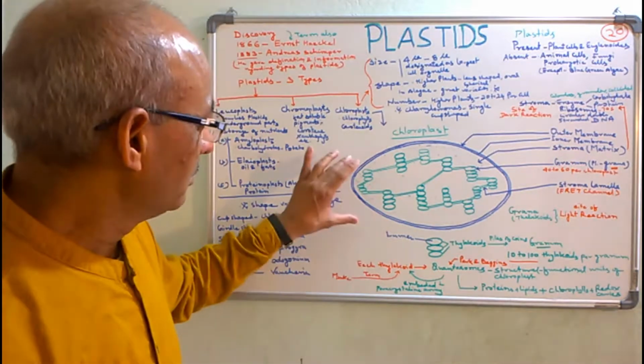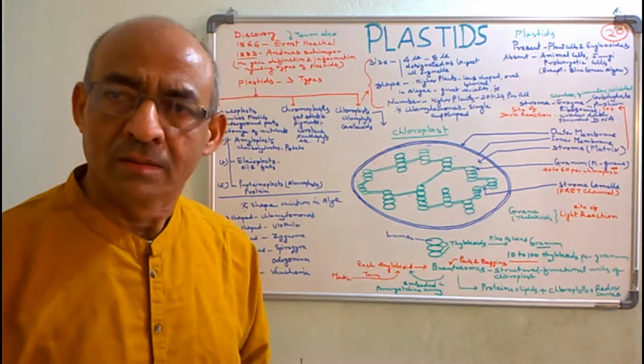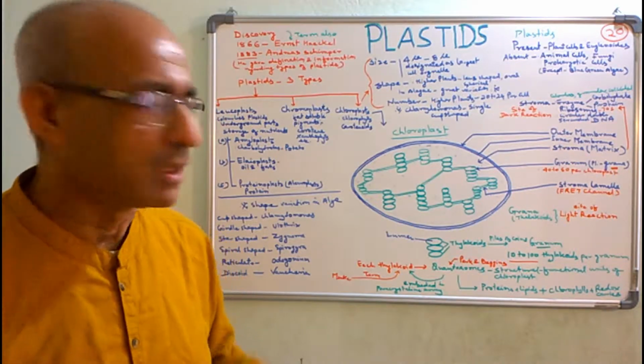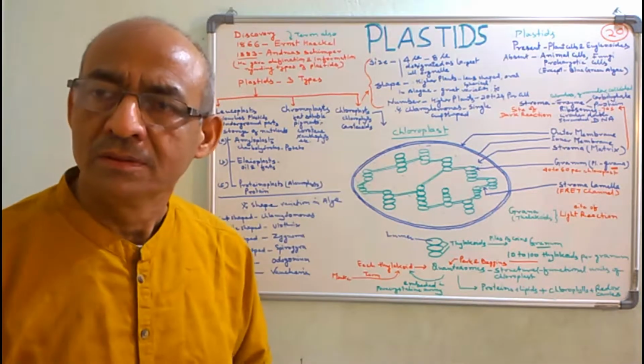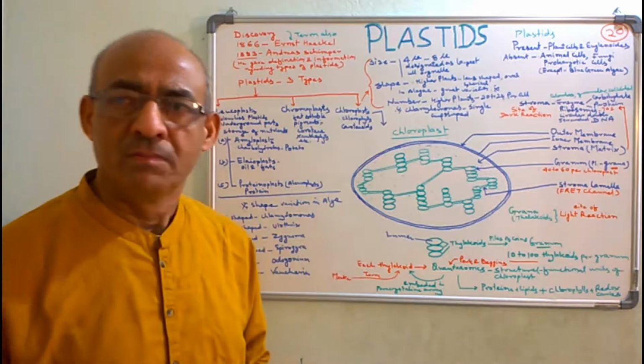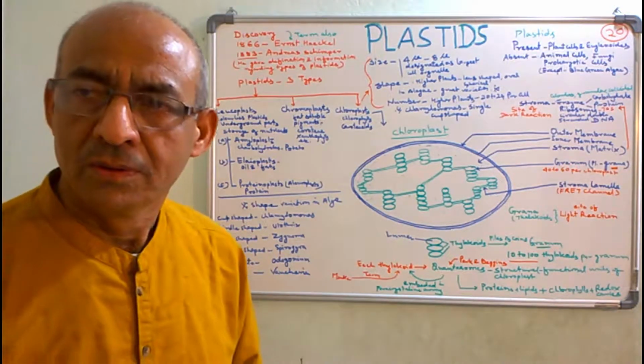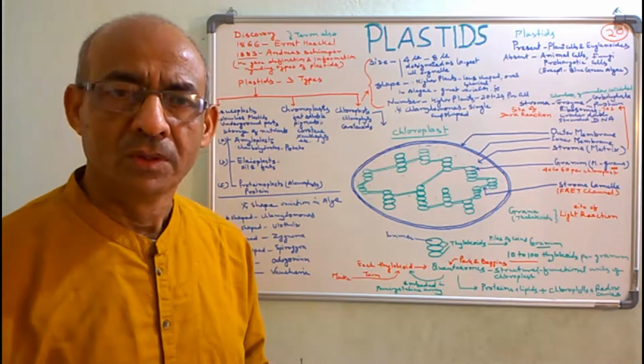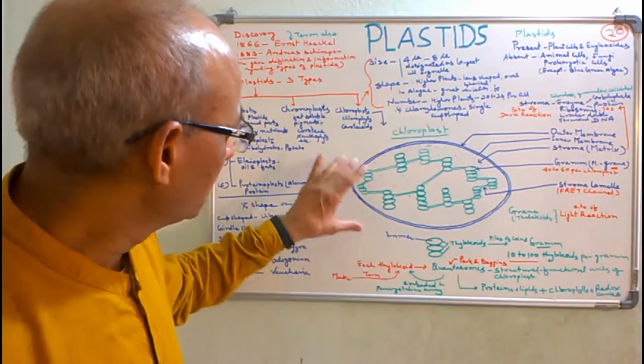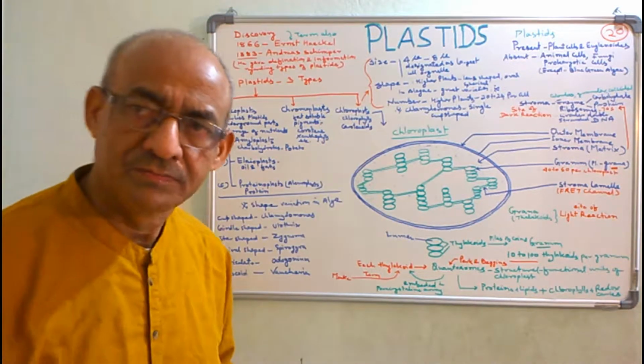From there, the entire world is getting food. So this cell organelle is very important because chloroplasts help the plant in production of food. Now we will discuss its structure.